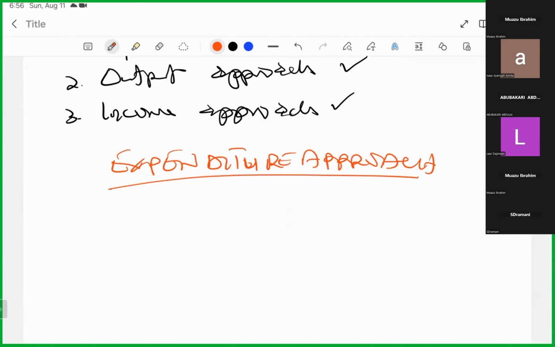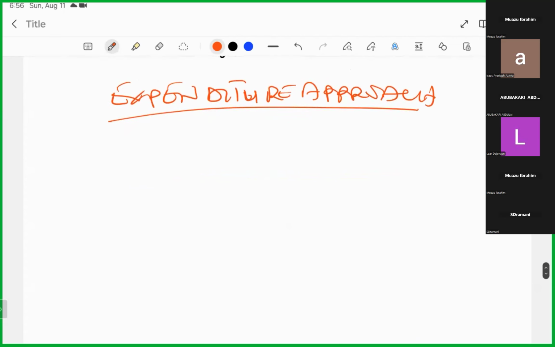Now, the expenditure approach is the approach that we use based on the expenditure of the active participants, or the various components. So in this particular case, we are looking at the expenditure of how many actors? Here in the expenditure approach, we have key actors.